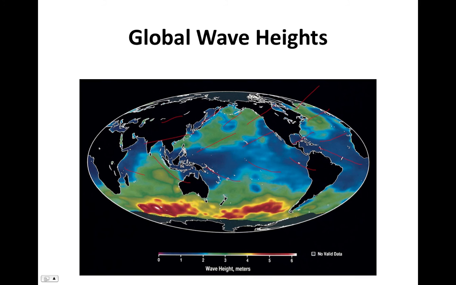So the distance that the wind can blow over the water is limited by the presence of continents. But these westerly winds down here, see, they can blow over the water for a long distance, and the only disruption is this little bit of South America. And so you can see you have the smallest wave height just over here because this disrupts the wind. But starting from here, the wind can blow this whole direction.